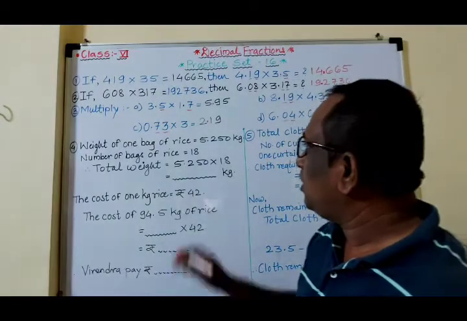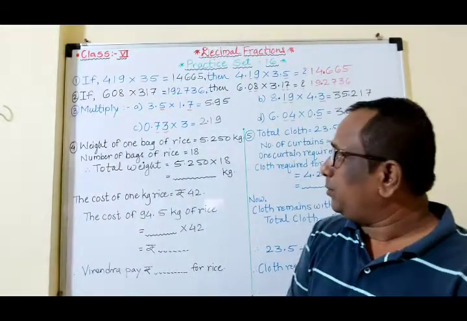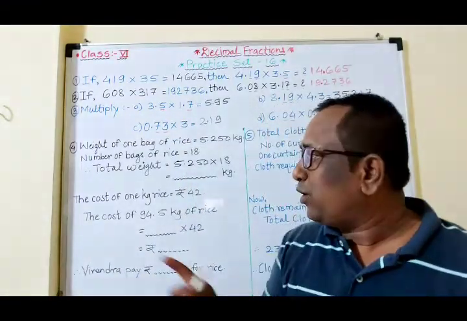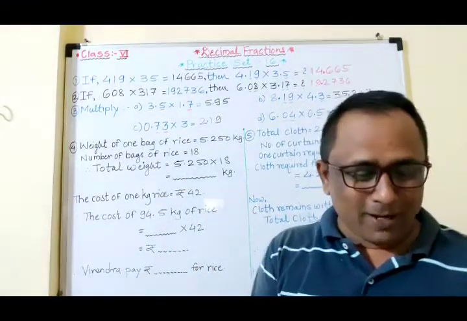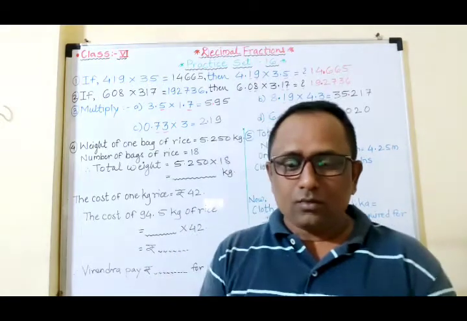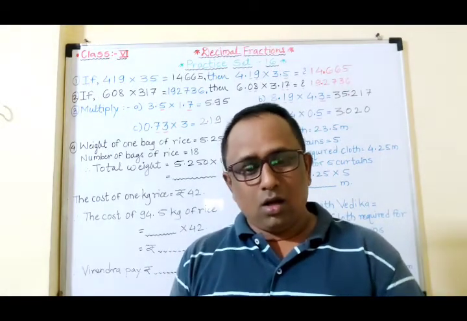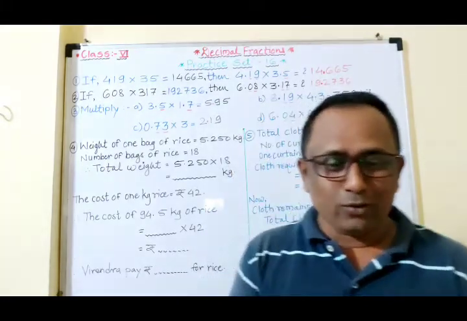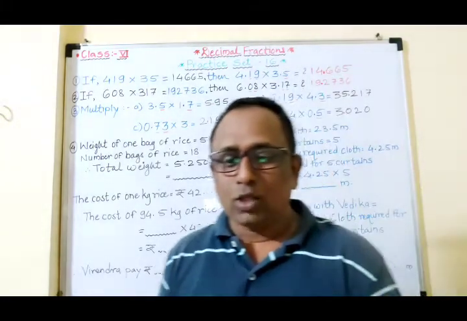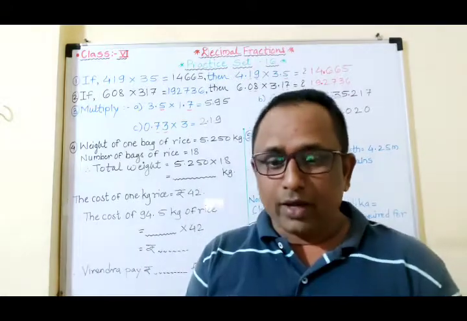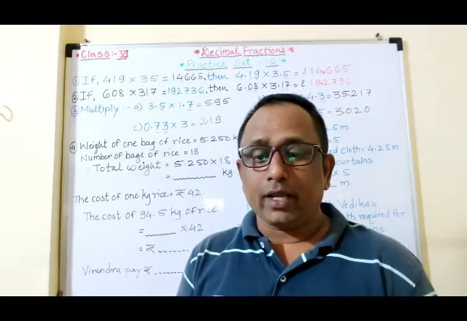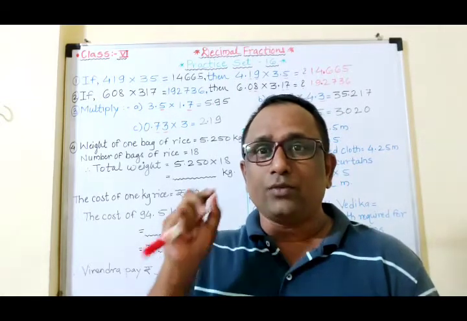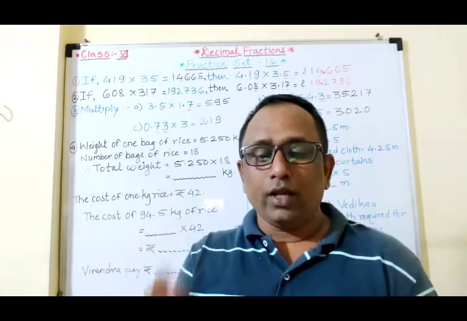Now here is the word problem, okay. I did not change the word problem, but I give the work for you, calculation you have to do, okay. Now see, Virendra brought 18 bags of rice, each bag weighing, means one bag weight is 5.250 kilogram, means 5 kilogram and 250 gram.